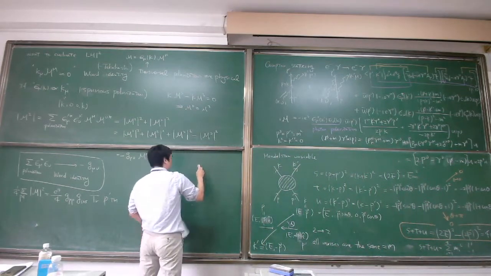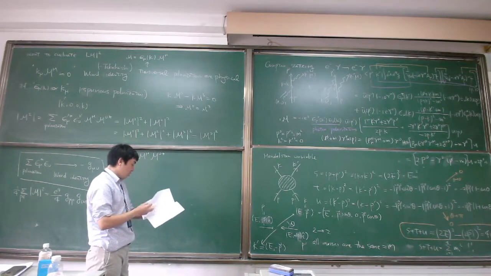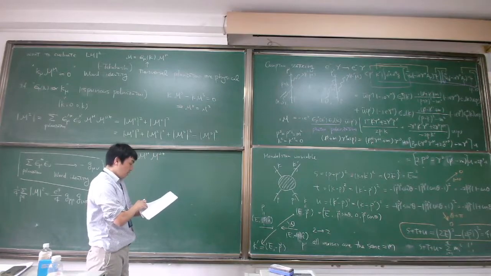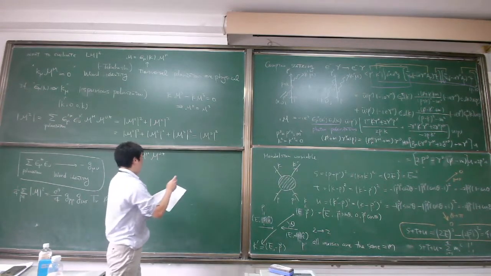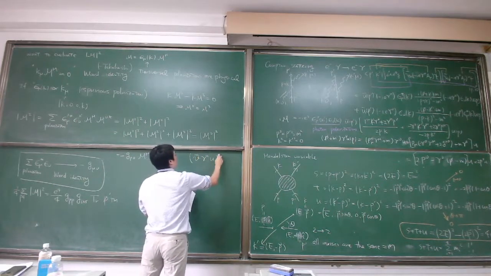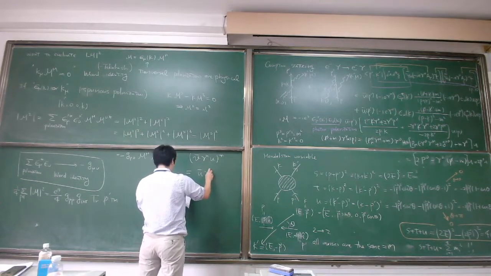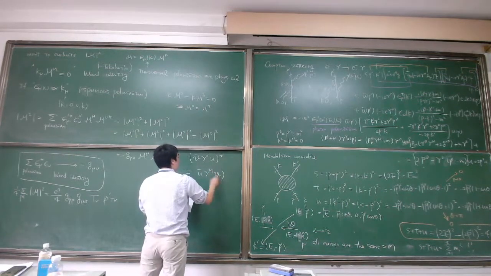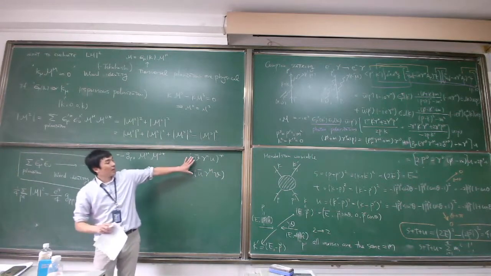We know that last time I explained that if you take the complex conjugate, u bar gamma mu u, the complex conjugate is essentially equal to u bar gamma mu u, right? So I already explained this last time.